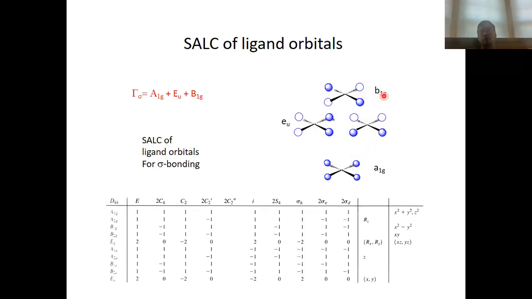Okay, so what's the next step? The next step is to determine the symmetry types of the central atom orbitals. Okay, so in this case we have platinum.